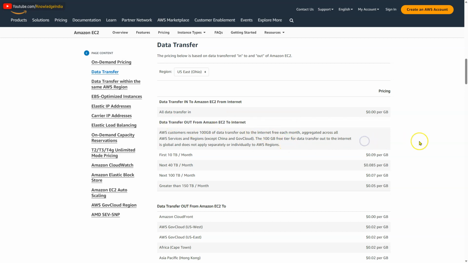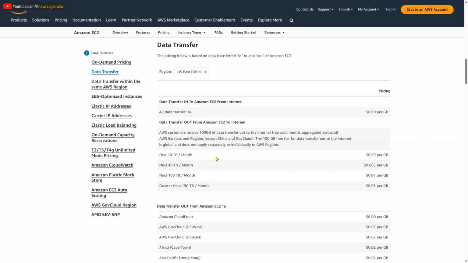So think about you're having an EC2 instance and you have hosted a website on that. Or let's say you have kept some files on your EC2 instance and people are accessing those files from the internet. So the traffic flow is happening from your EC2 instance to the internet. In that case, there will be transfer out charges, and the charges differ, of course.